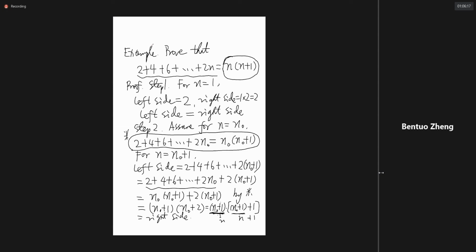All right, so next we look at a few examples of using direct proofs. Let's recall that last time we talked about the definition of even numbers and odd numbers.